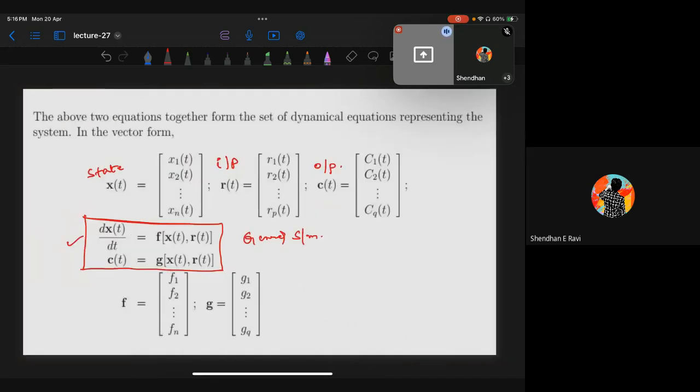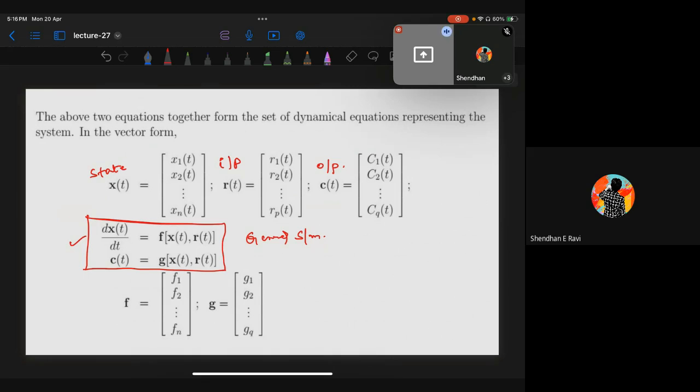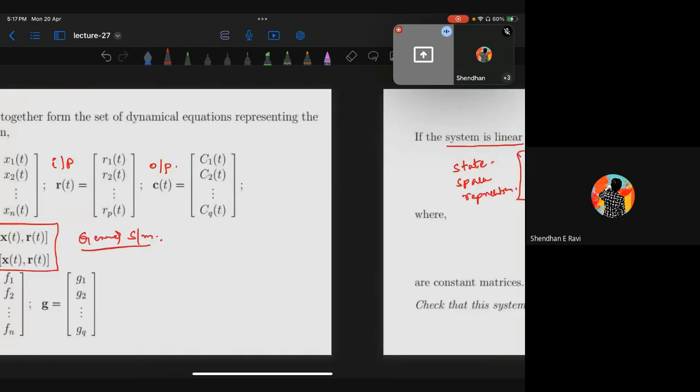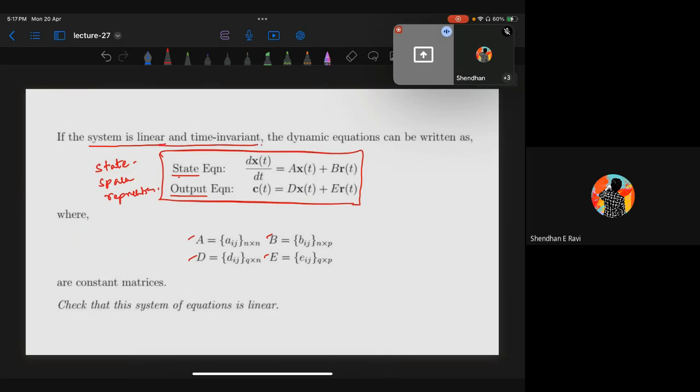If you look at the system behavior, any general system could be represented in this way. If the system is linear and time invariant, it will be represented in this form: x dot is equal to ax plus bu, and y is equal to cx plus du.